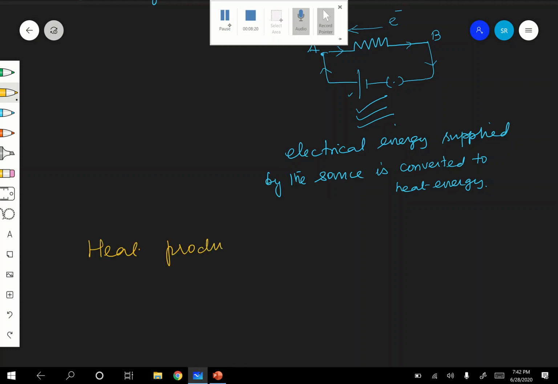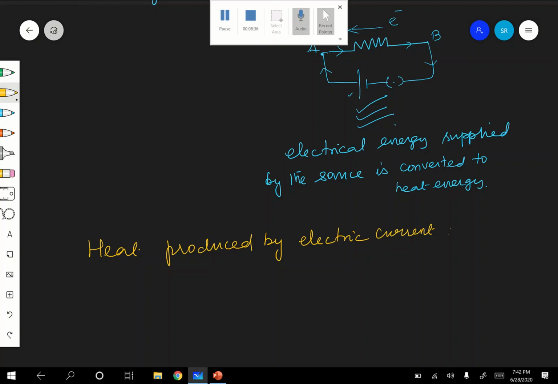What is the expression for heat that is produced by the electric current? We are going to find it.